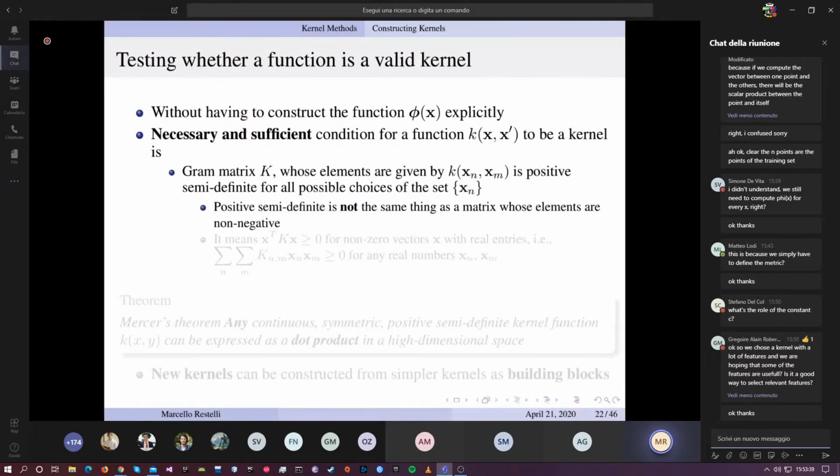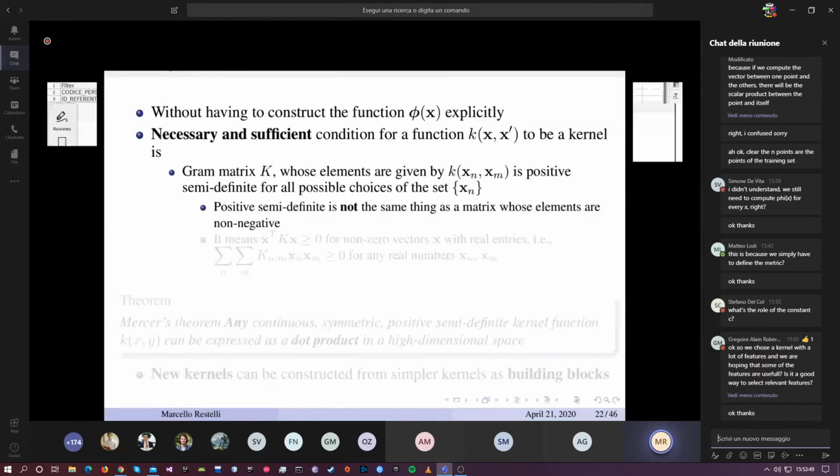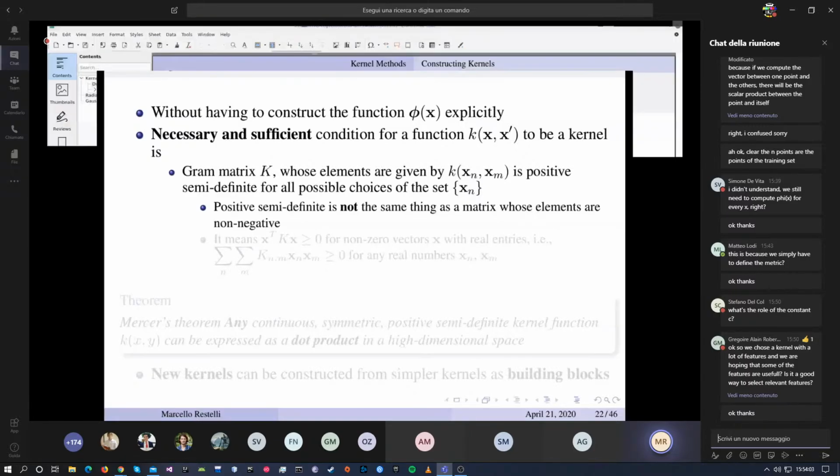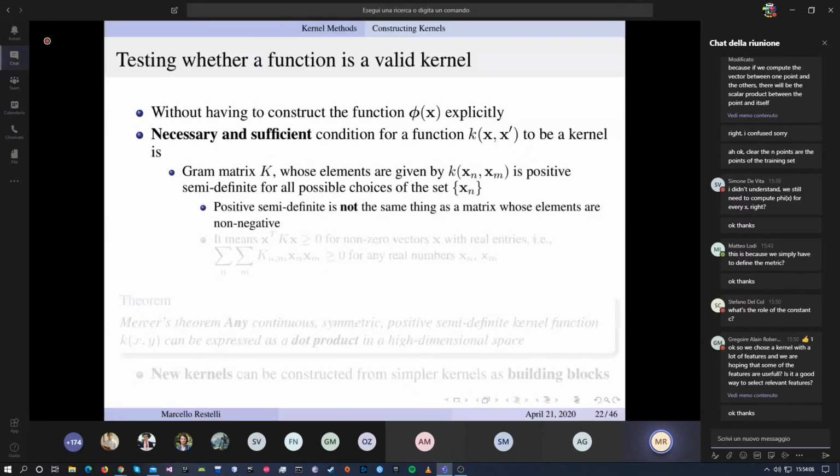Positive semi-definite means a matrix with all eigenvalues that are non-negative. The kernel matrix K is a symmetric matrix because the scalar product is symmetric, and so this function is symmetric. So what we need is that this function produces a positive semi-definite Gram matrix K.